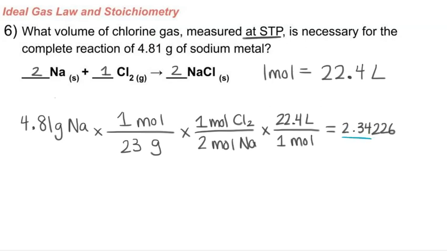And so I will round my final answer to 2.34 liters. And I do need to make sure I put a substance on an answer. It's asking for the amount of chlorine gas, so this is liters of Cl2. And that is our full finalized answer right there.